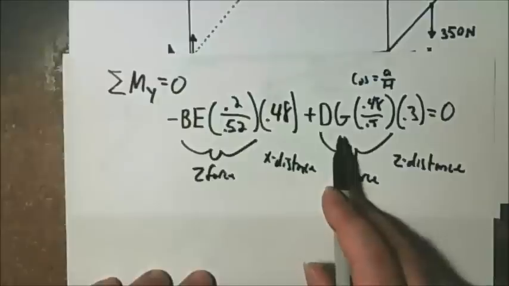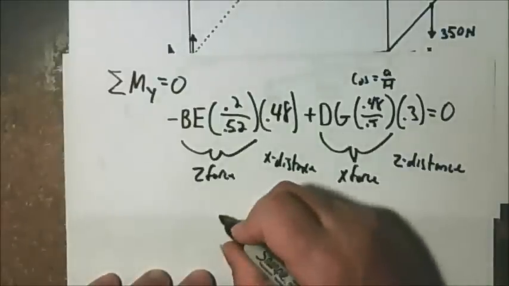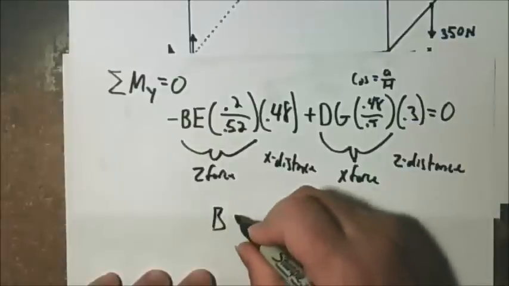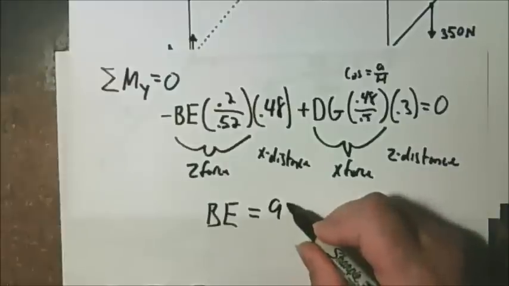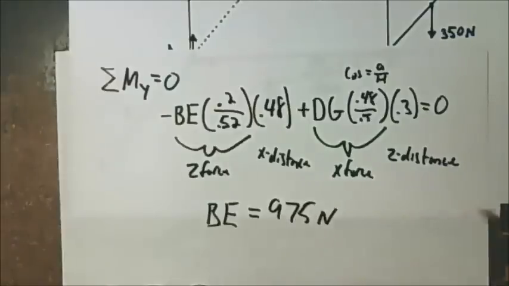And again, we already know that DG is 625 newtons, so we should be able to go through and solve this. Say that BE is equal to 975 newtons.